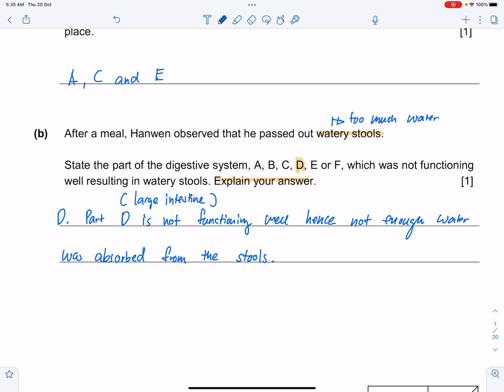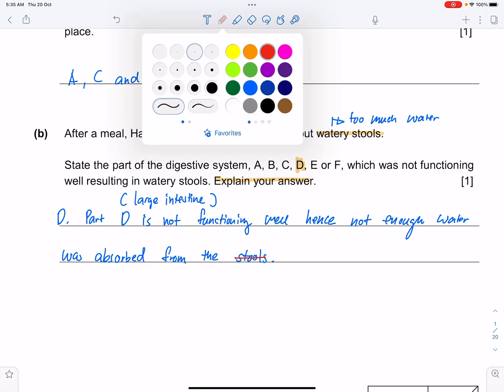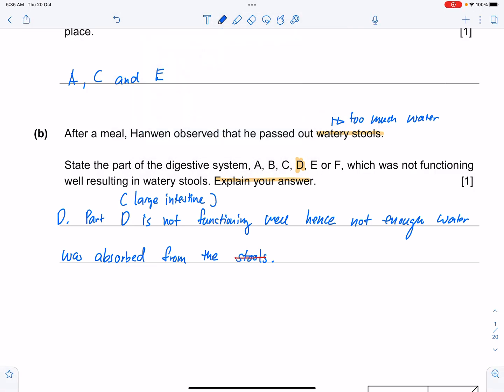Okay, one other thing that you need to note that students tend to make is that they will say was absorbed from the stools. Now this is just repeating the question. So instead what you need to do is to say that it was absorbed from the undigested food, resulting in watery stools, right? Next.